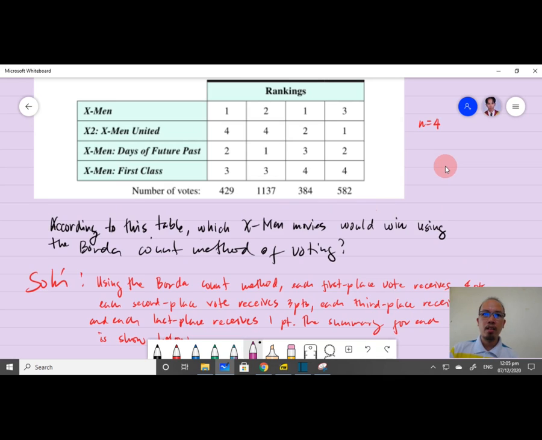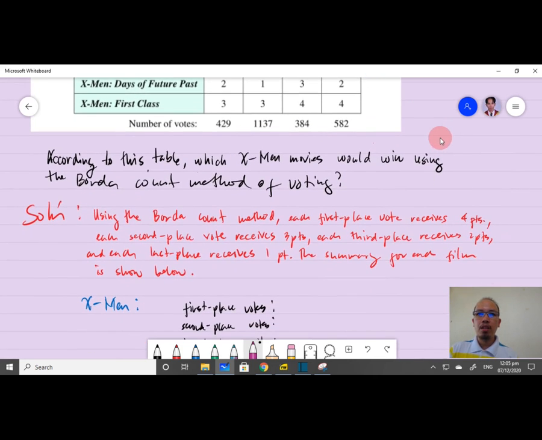Let's try to count for X-Men, if he receives first place votes. Just look at this row here, row 1, there is a first place votes. So we have 429 and 384 plus.